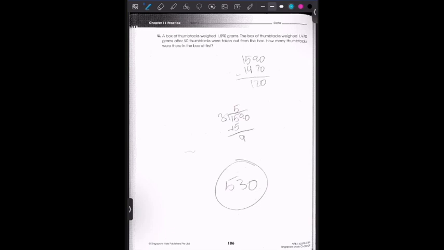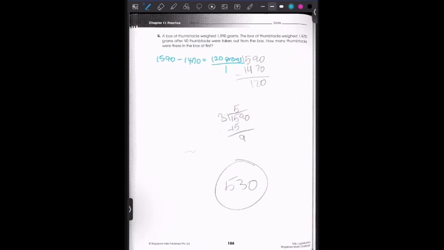Now we'll look at the solutions for this problem. And so, the box of thumbtacks weighed 1,470 grams after 40 thumbtacks were taken out. So the difference, 1,590 minus 1,470, is going to be 120 grams.